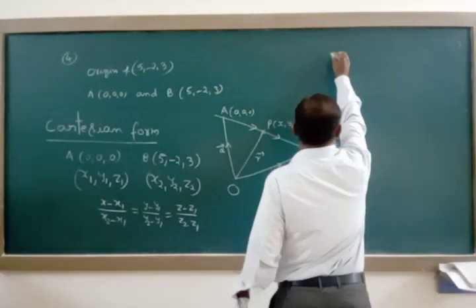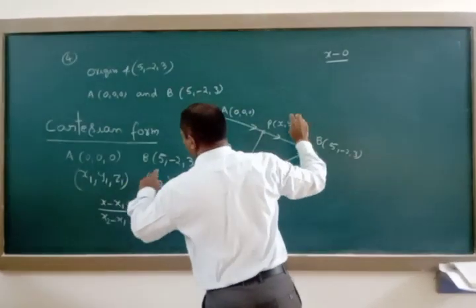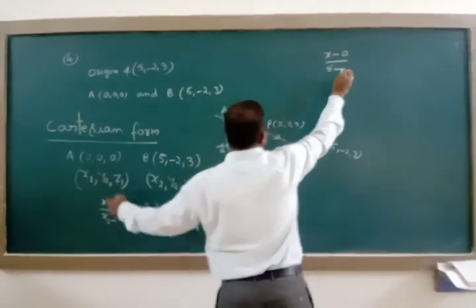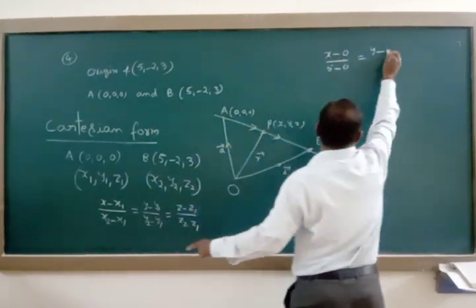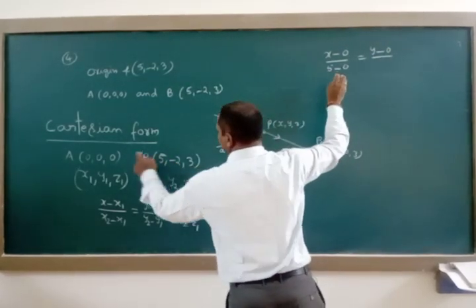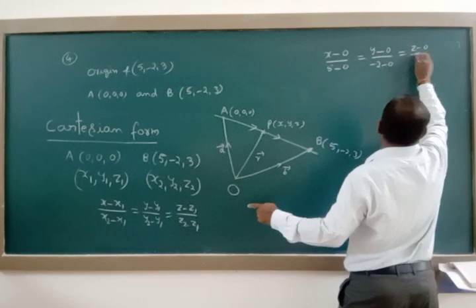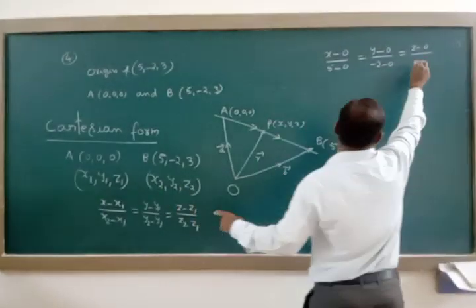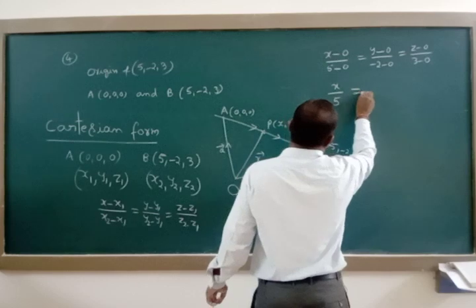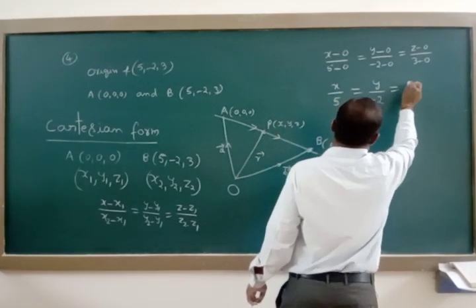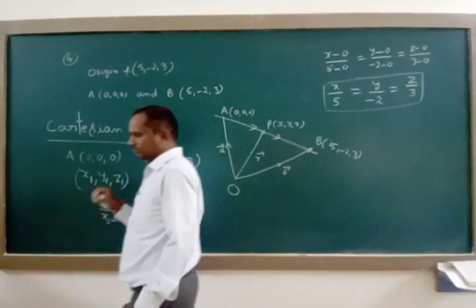Next, x minus x1, x1 value is 0, whole dividing by x2 minus x1, x2 value is 5, minus x1 value is 0, is equal to y minus y1, y1 value is 0, whole dividing by y2 minus y1, minus 2 minus 0, is equal to z minus z1, z minus 0, whole dividing by z2 minus z1, 3 minus 0, is equal to x by 5 is equal to y by minus 2 is equal to z by 3, which is the required equation of line in Cartesian form.